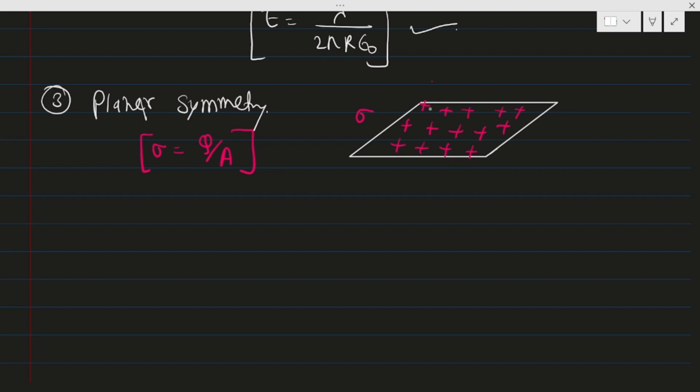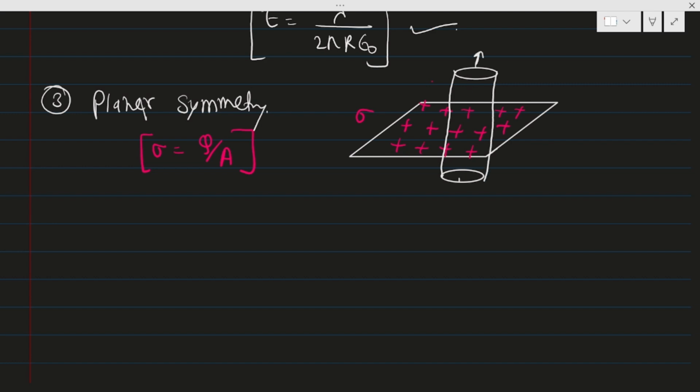To find the electric field, it is required to construct a Gaussian surface. Assume a cylinder passing through the sheet, just inside it.